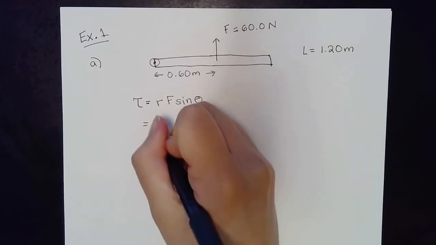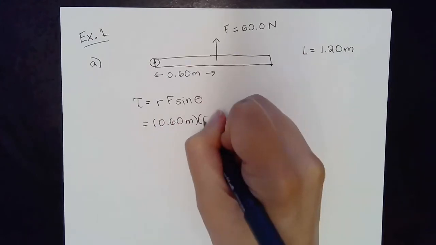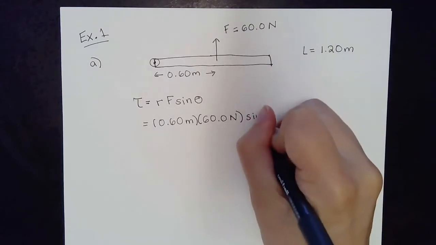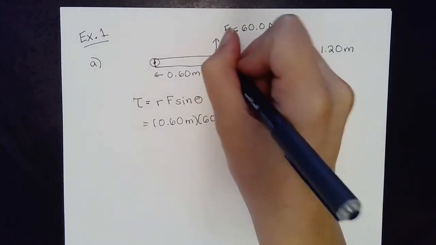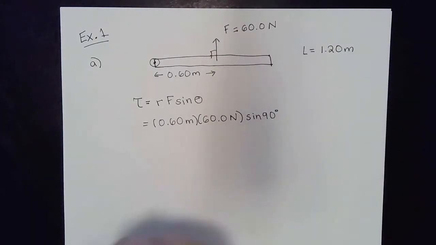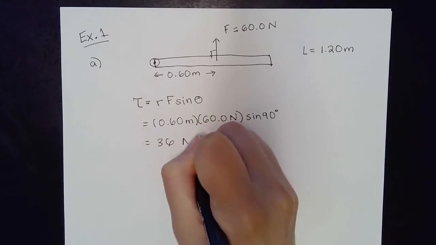So we have R is 0.6 meters, F is 60 newtons, times sine of 90. The angle here is 90 degrees between the force and R. And this gives a value of 36 newton meters.